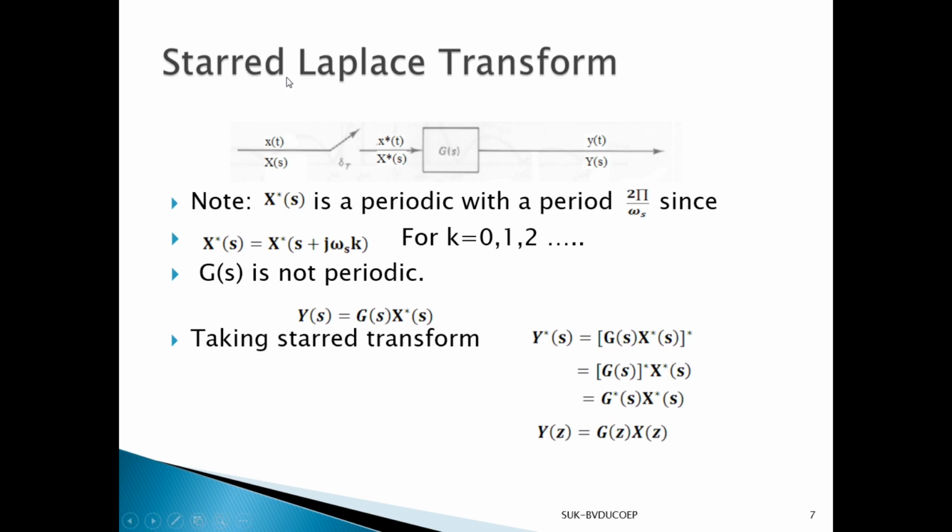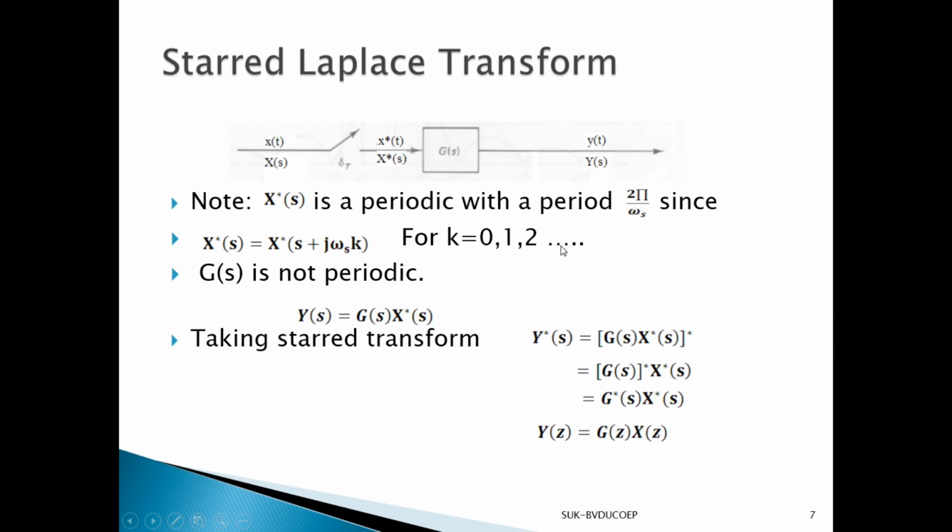Now what is the star Laplace transform? A very important concept to try to understand. So x(t), x star(t), star is a pulse sequence, G(s) and Y(s). Now here there is no sampler in this case. X star(s) is periodic with period 2 pi by omega s, since X star(s) is equal to the sum of X(s plus j omega s k) for k equal to 0, 1, 2, 3.